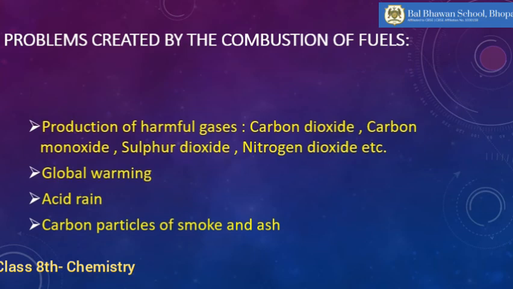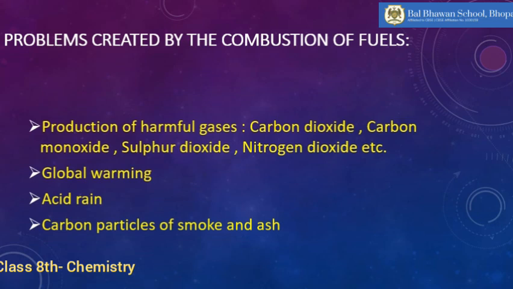So carbon dioxide gas, as you know, it leads to global warming, and carbon monoxide gas, it causes respiratory problem, whereas sulfur dioxide gas and nitrogen dioxide gas is responsible for acid rain. Apart from this, the carbon particles are released in the form of smoke, and large amount of ash is also produced when we burn some fuels.